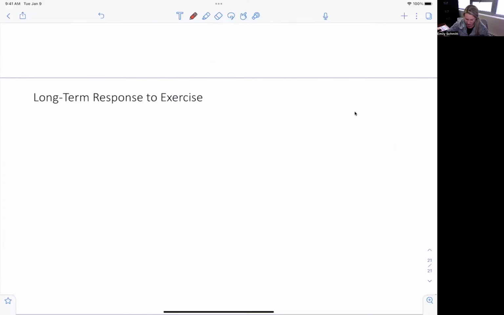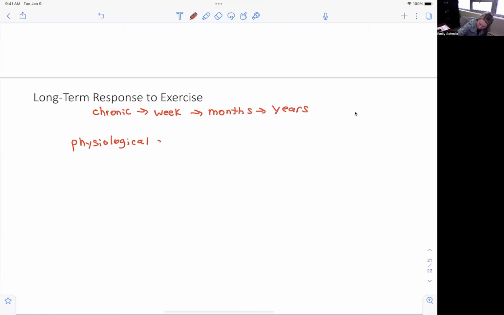So let's end this unit by talking about long-term responses to exercise. For this slide, we are talking about chronic exercise, so that's weeks to months up to years. Physiological adaptations are generally going to result in overall efficiency of the respiratory system.